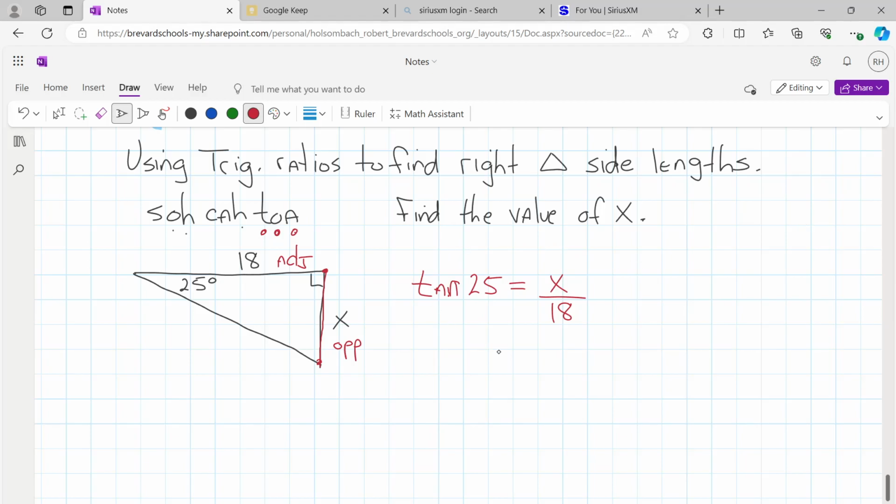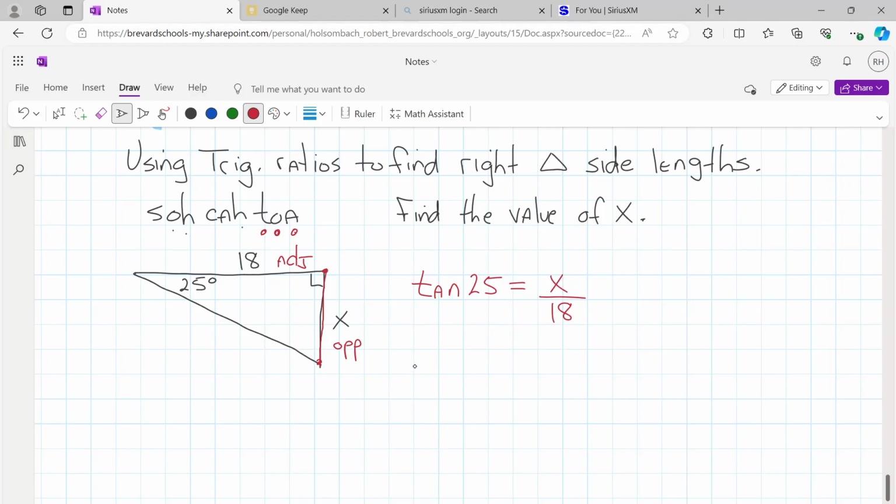Everybody understand that step? Tan, as messy as that is, tangent of 25 equals the opposite side over the adjacent side. That's the whole key right there.